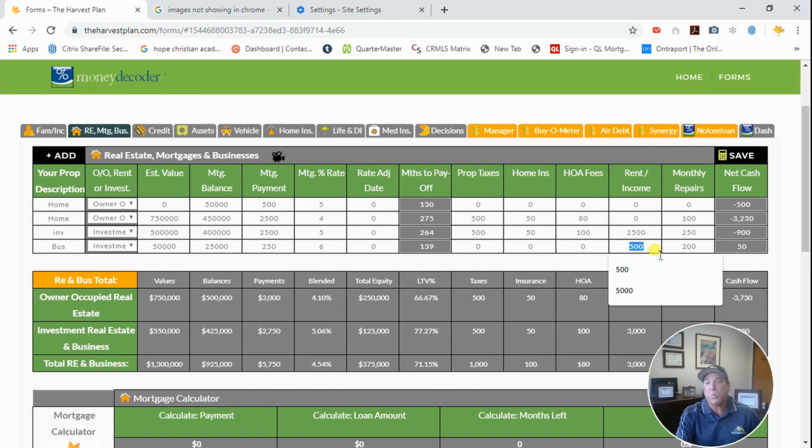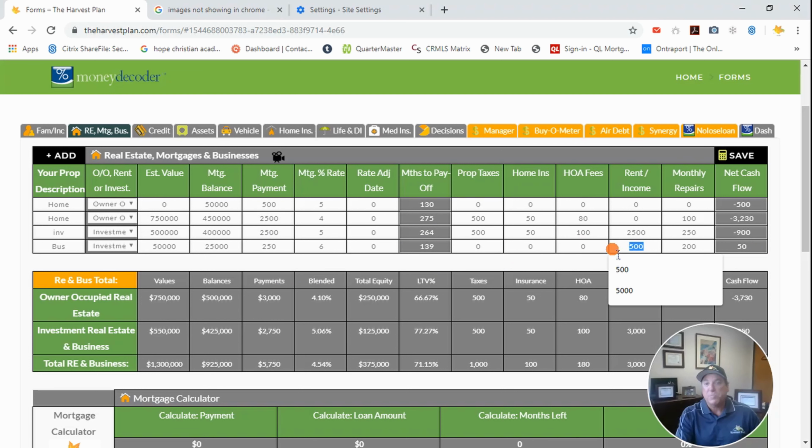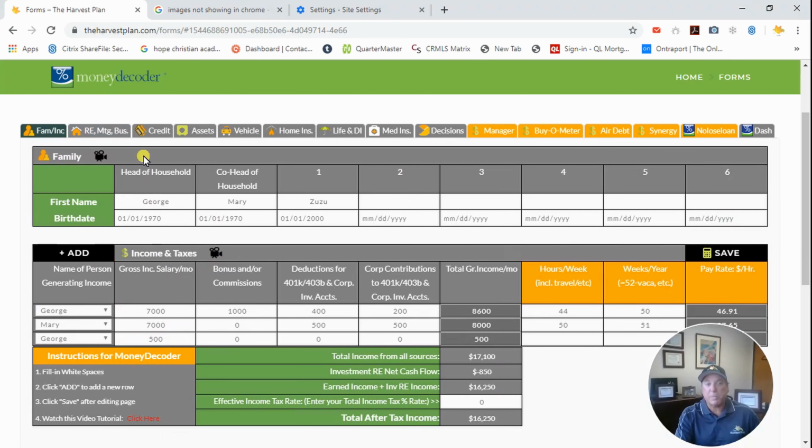That's the rent or income I'm deriving, and then the monthly expenses on that business. So again, this is going to show me my net cash flow from that business after I've paid off the loan, I've paid myself some money in profits, plus the salary that I'm accounting for here.